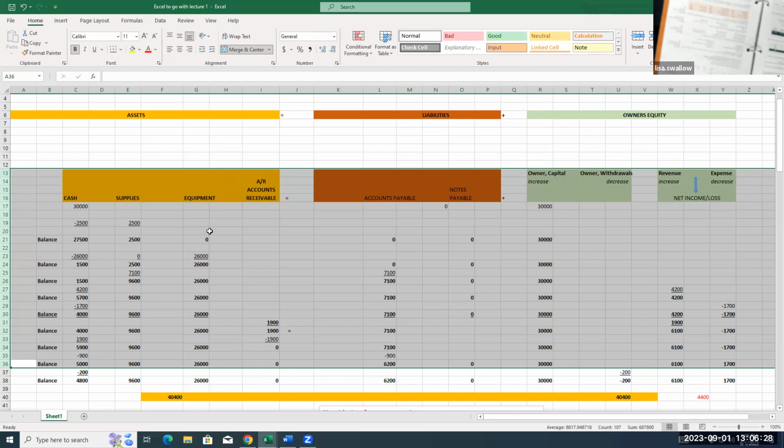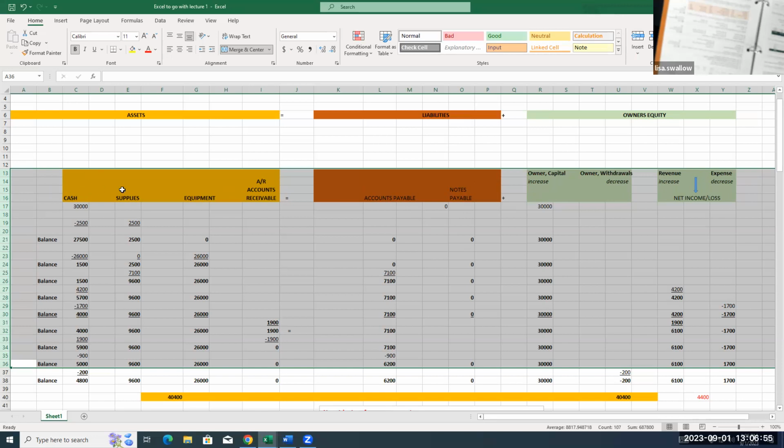Maybe, maybe not supplies, some sort of equipment. Maybe, maybe not. What's an accounts receivable again? Yeah, I've earned some revenue, but you haven't paid me yet. Anything with the word receivable is always a what? Asset.